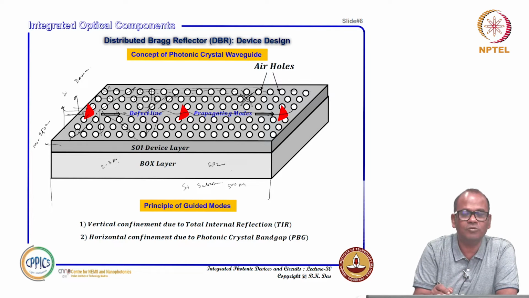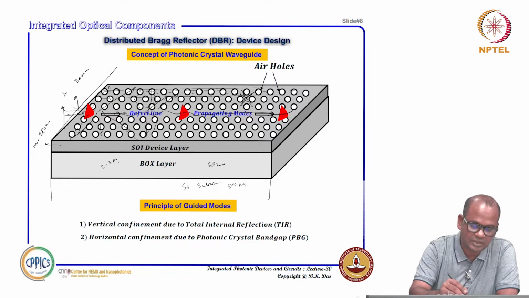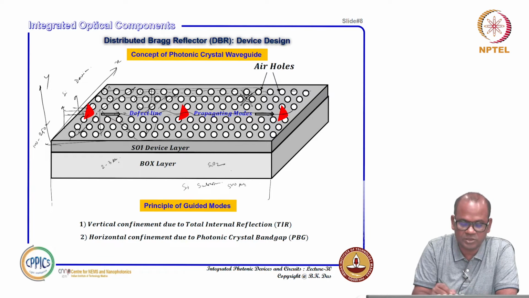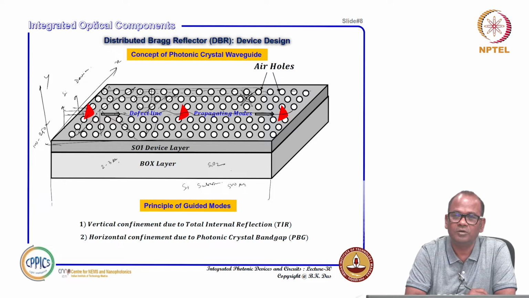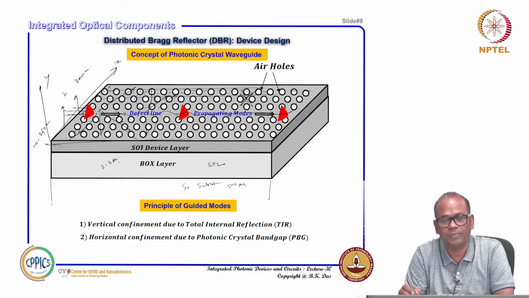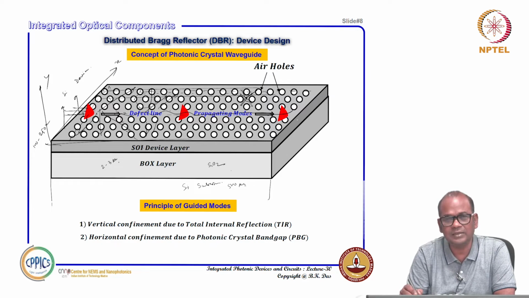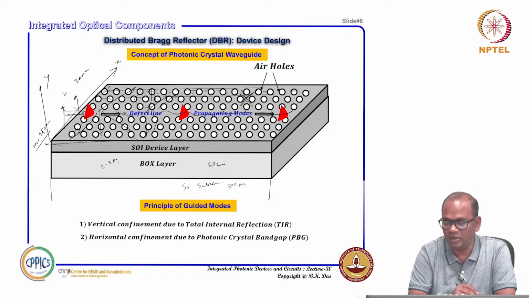This is how one can think of confinement along this direction. If this is x, this is y and this is z, then along the x direction you have confinement because of the two-dimensional photonic crystal and a defect line. But what about the vertical direction? Vertically, it is still a 220 nanometer or 250 nanometer thickness, with lower refractive index around it.